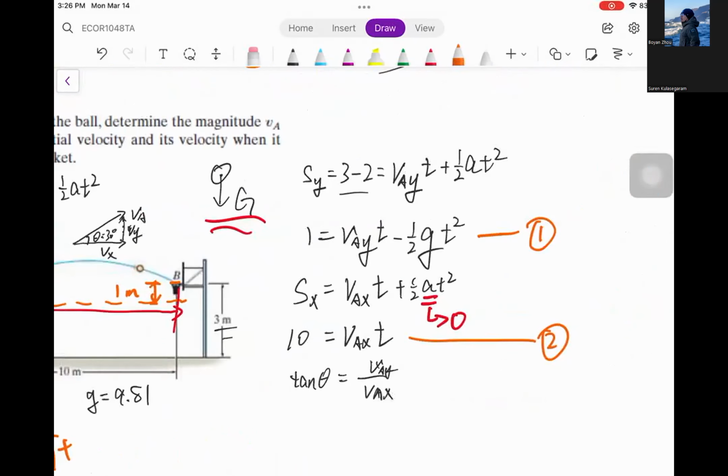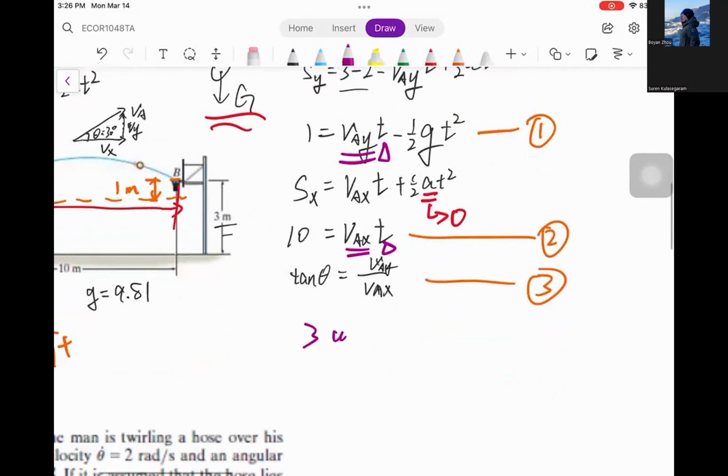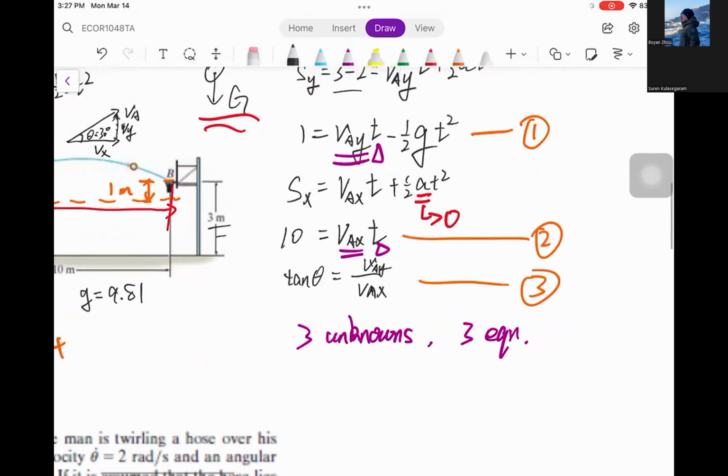So that is our third equation. So again, we have two unknowns, VAX and VAY, and the time is the third unknown. So we have three unknowns and three equations. Just solve these equations, then we can get the time t and the speed component in the x direction and the y direction.